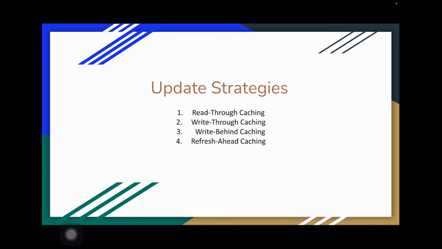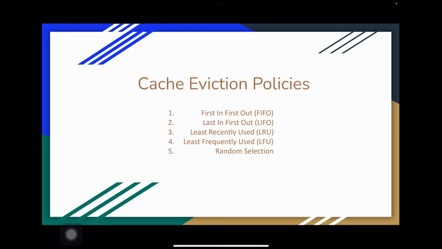And second, there are also cache eviction policies. The cache eviction policies come into play when, suppose, your cache is filled and a new request comes. So which keys will you evict from the cache, right? So these strategies apply to the cache.